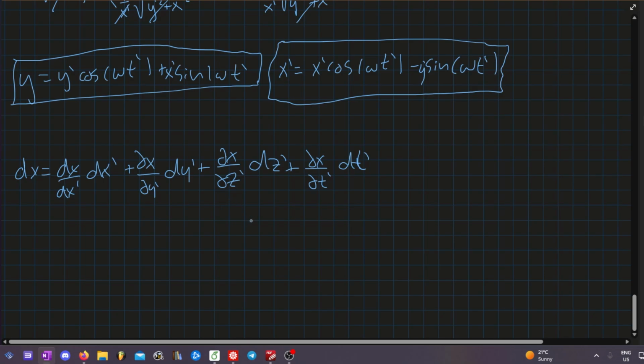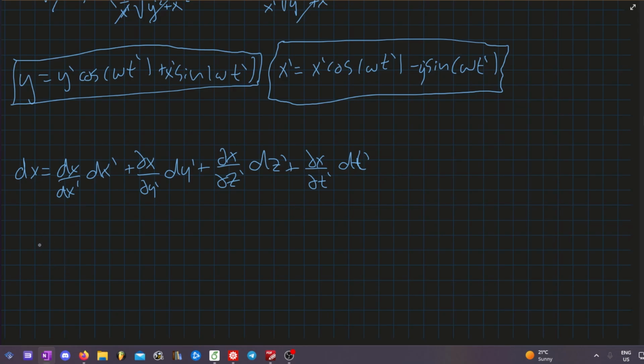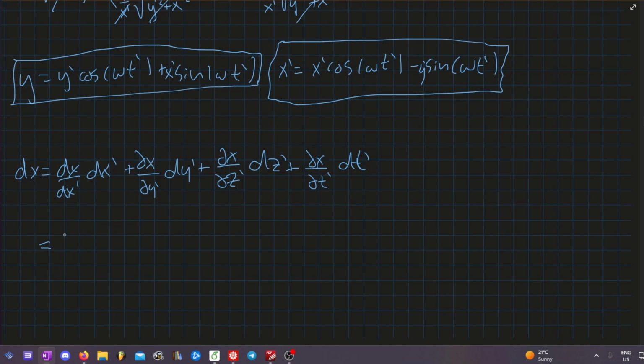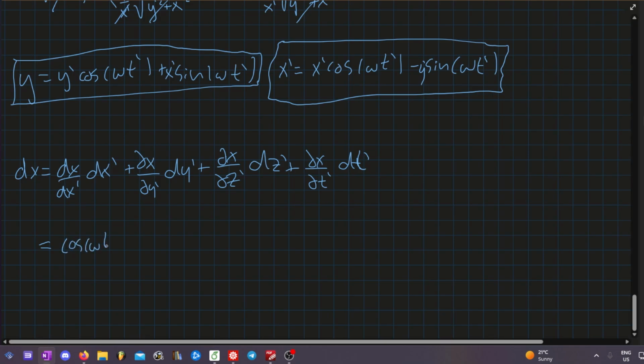So trivially, some of this is going to be 0, but let's go ahead and calculate it. So dx by dx prime is going to be cos of omega t prime times dx prime. Dx by dy prime, we're going to get minus sine of omega t prime, dy prime.